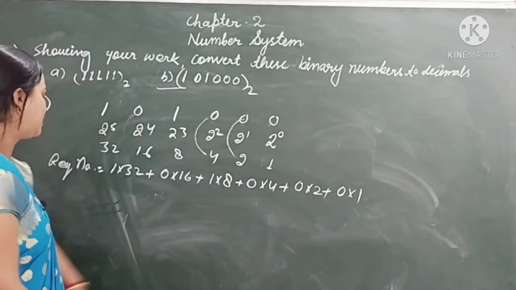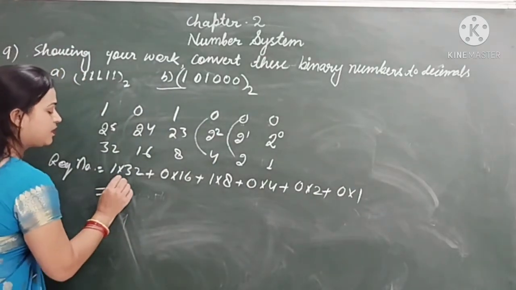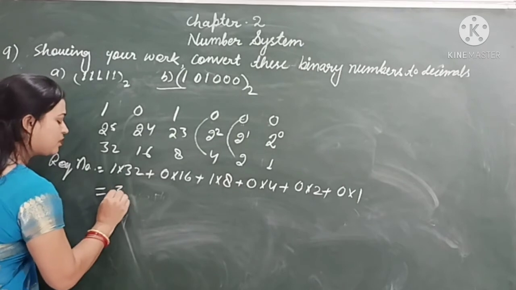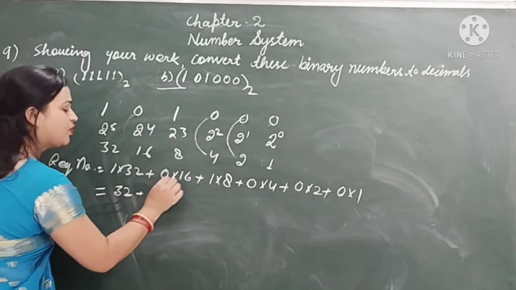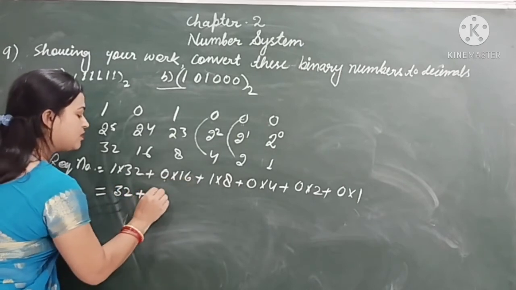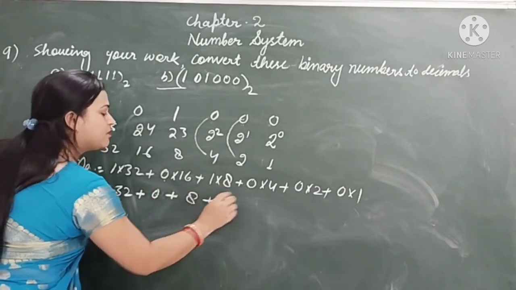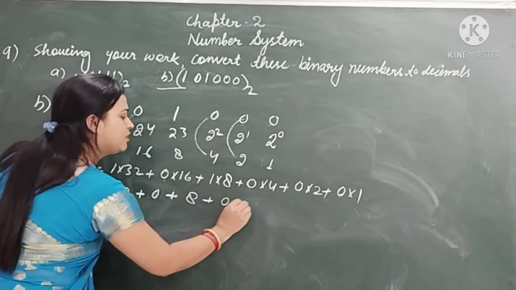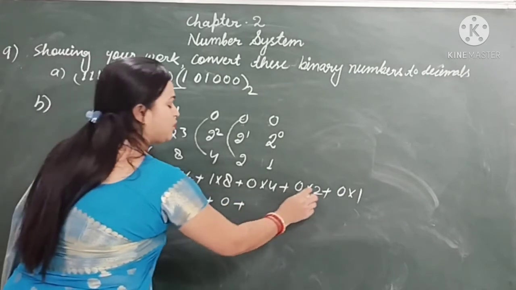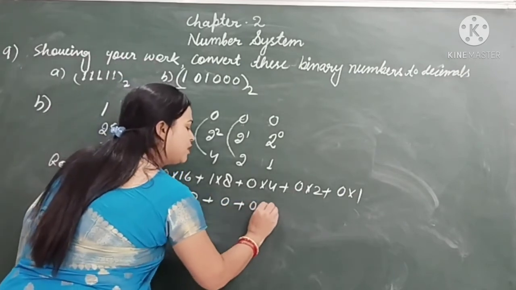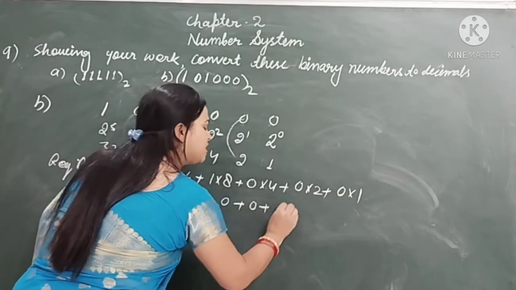Then we will multiply all these. See, 1 into 32, 32 plus 0 into 16, 0 plus 1 into 8, 8, 0 into 4, 0 plus 0 into 2, 0 plus 0 into 1, 0.